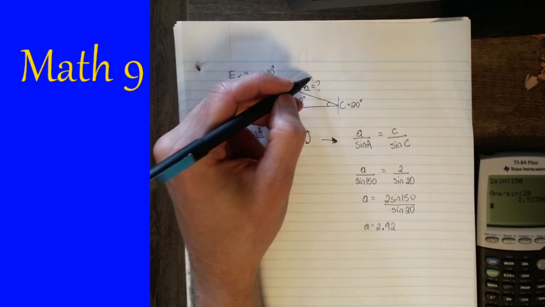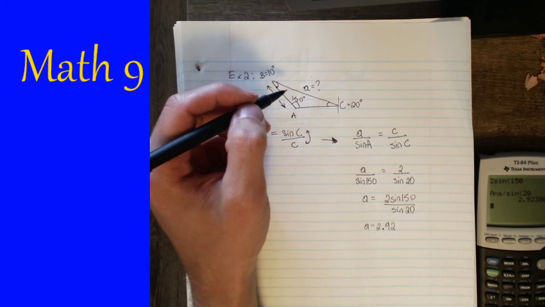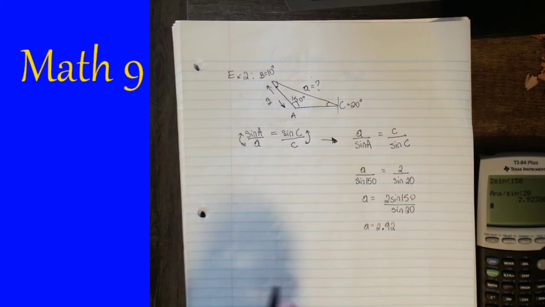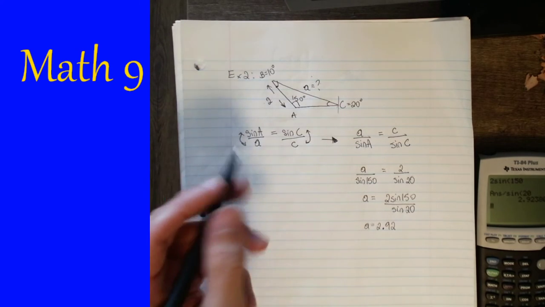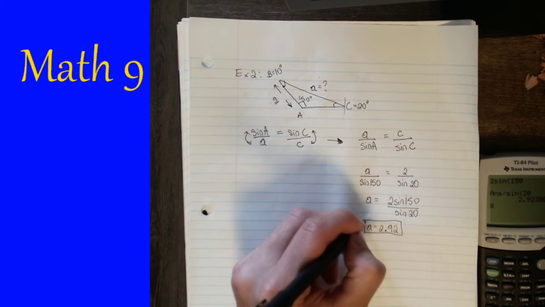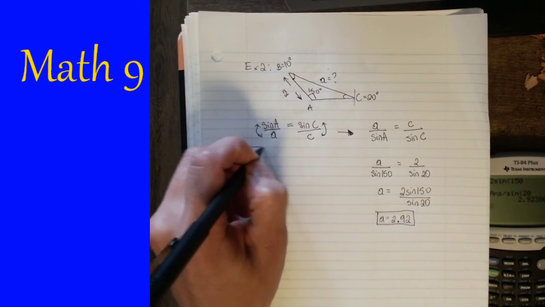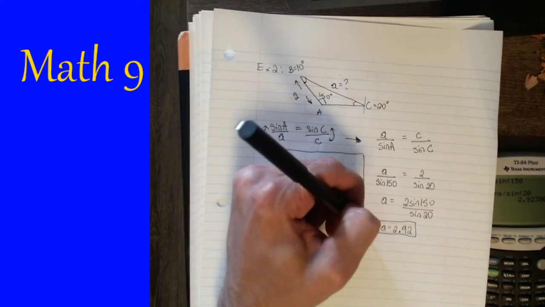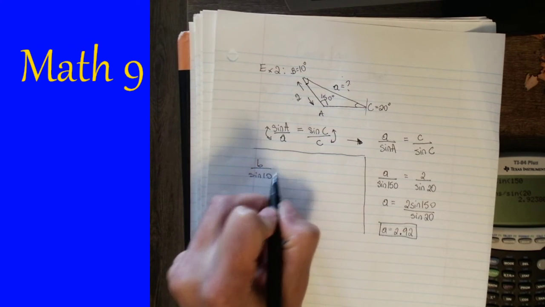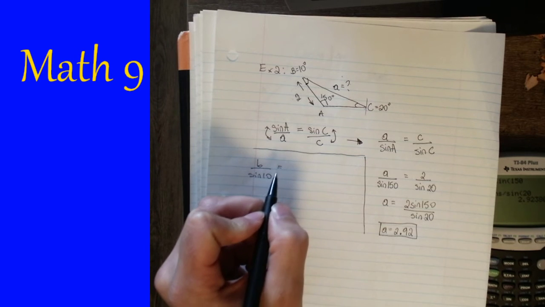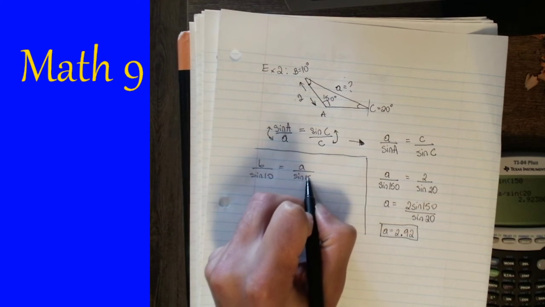So with that, let's actually use that value to solve for side length b. So we're trying to solve for all the sides of the triangle here. So we have a is roughly this number here. And then finally, we can say b over sine of 10 should be equal to a over sine 150.